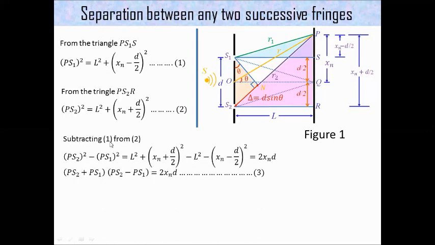Subtracting equation 1 from equation 2, one can write PS2 square minus PS1 square equal to 2xn d.